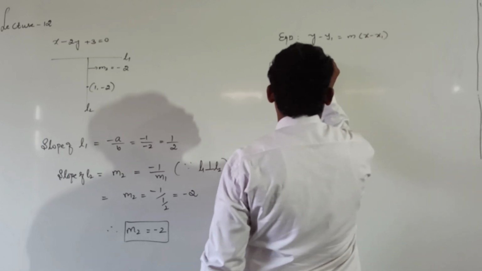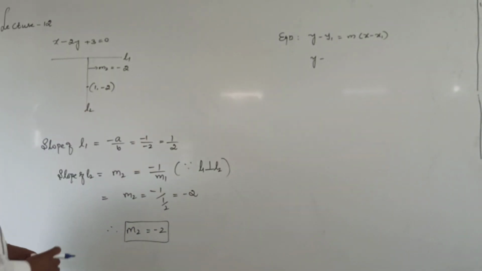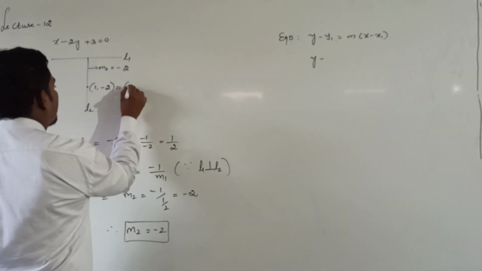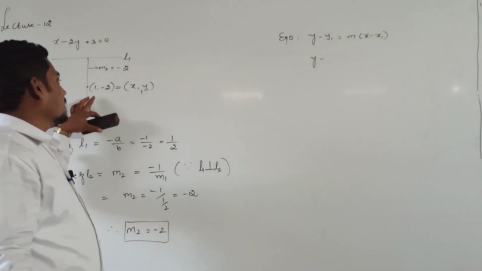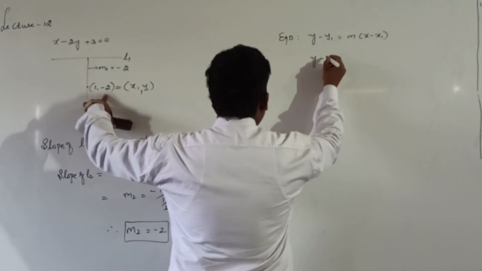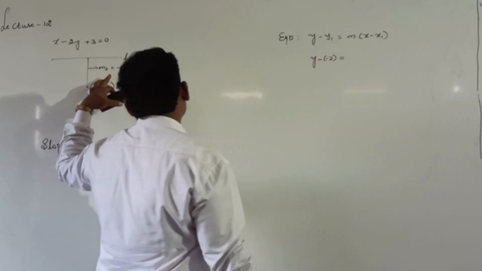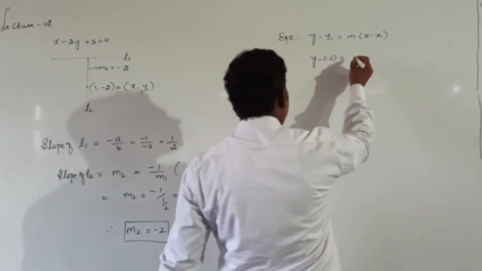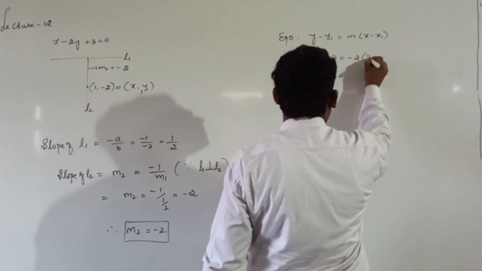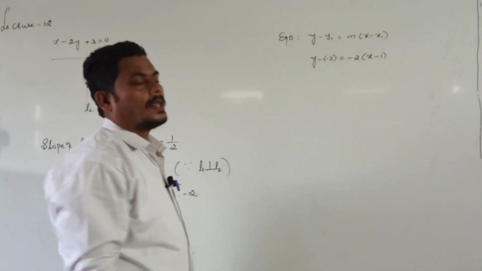This is the formula. Clearly they have given this point as x1 y1. So y minus y1, y minus of minus 2, is equal to the slope of L2, that is minus 2, into x minus x1, that is x minus 1.